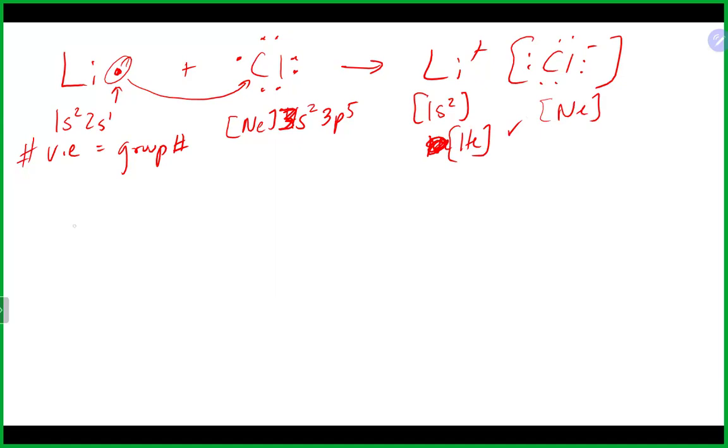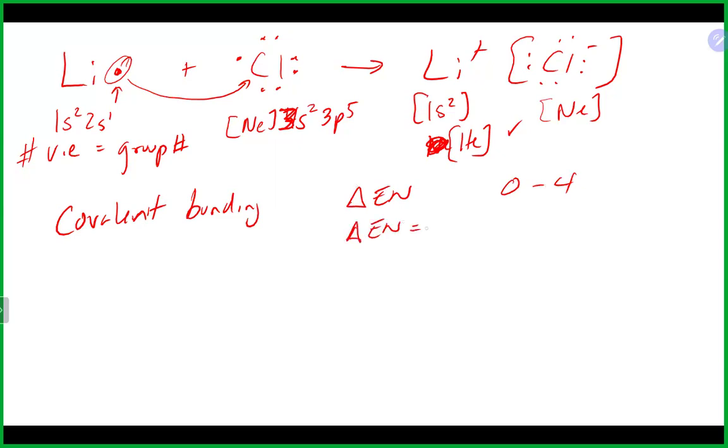Remember, in covalent bonding, we can determine what type of bond we're going to get by using the change in electronegativity values. Remember, they run from 0 to 4. If you have a difference in electronegativity values of 0 to 0.4, that is considered a nonpolar bond, a covalent bond with sharing of electrons.